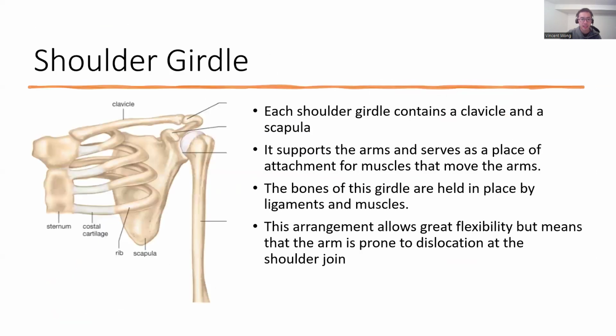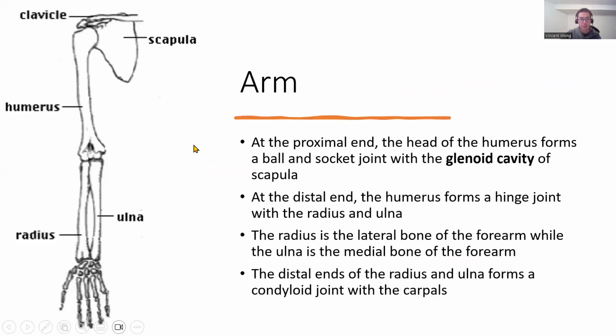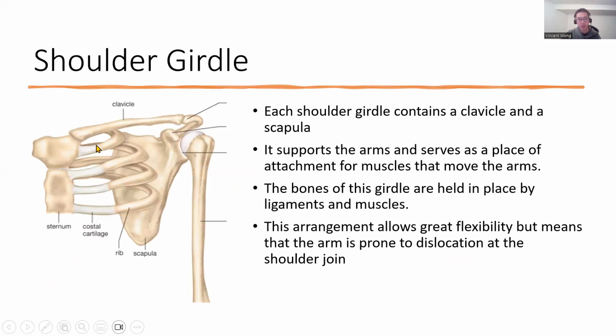Let me see where the hand is. There it is, right? So I showed you on the 3D model that if you remove this head here, that's the head of the humerus, there is going to be a cavity right there for you to create the ball and socket joint, and that's part of your scapula.